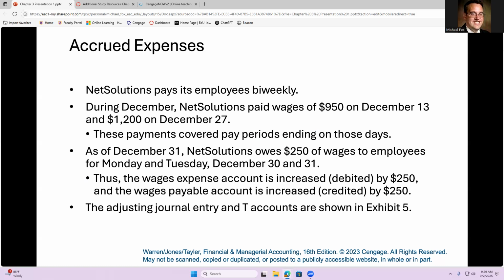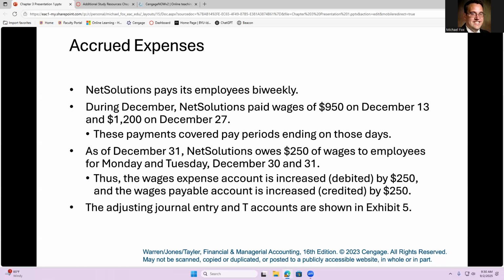So the example here is Net Solutions pays its employees biweekly. During December, Net Solutions paid wages of $950 on December 13th and $1,200 on December 27th. These payments covered the pay periods ending on those days. As of December 31st, Net Solutions owes $250 of wages to employees for Monday and Tuesday, December 30th and 31st.